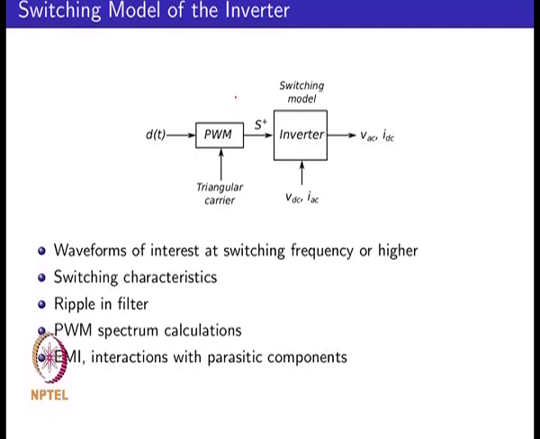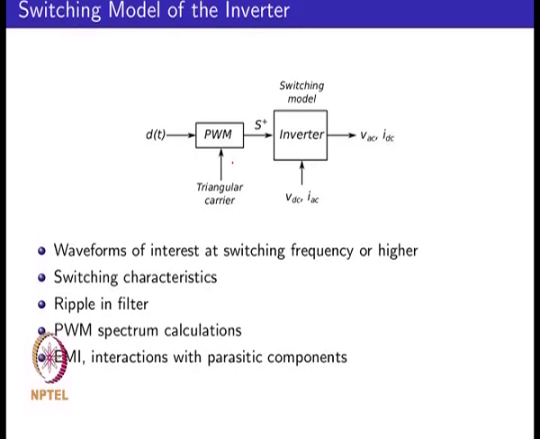So we were considering duty cycles in the range between 0 and 1, and the triangle carrier going in a symmetric manner from 0 to 1 and back down to 0. And the output of the comparison is the command to the top switch of your inverter, which is S plus.